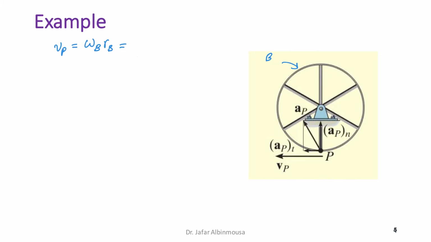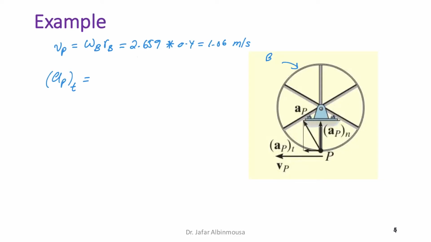This is equal to 2.659 multiplied by 0.4, which is going to give 1.06 meters per second.